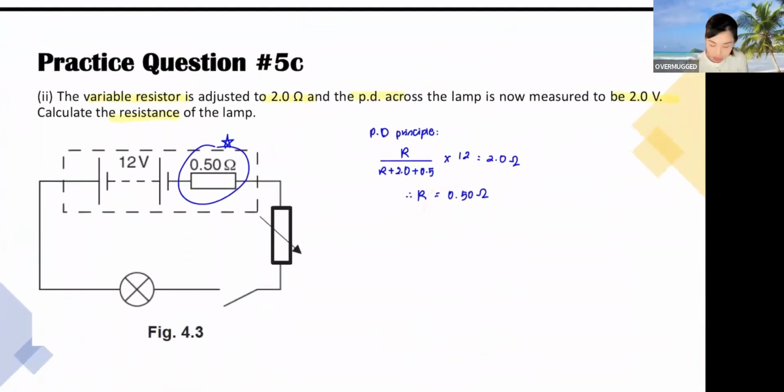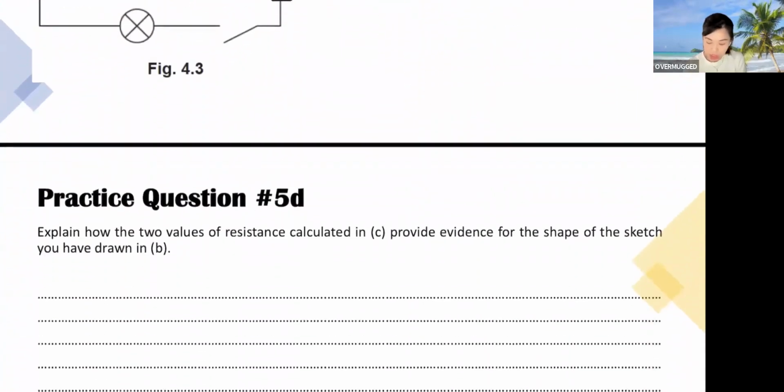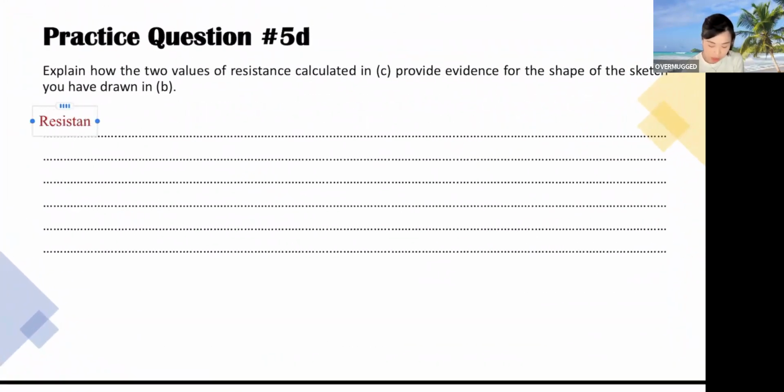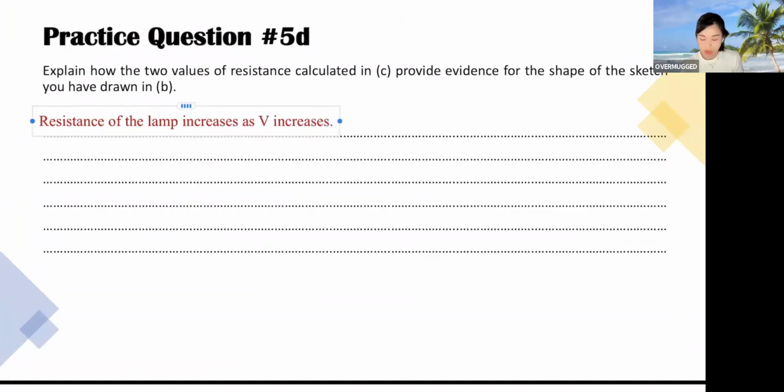So as your voltage increases, your resistance decreases. As your voltage decreases, your resistance increases. So we say that the resistance of the lamp increases as the voltage increases. Okay, which makes sense of the sketch going in an increasing and a decreasing rate kind of graph. Clear? Okay.